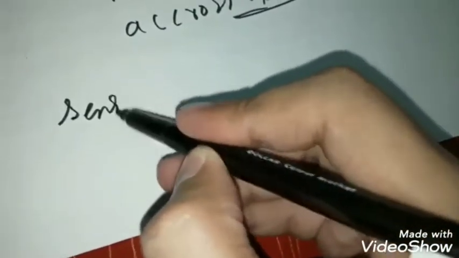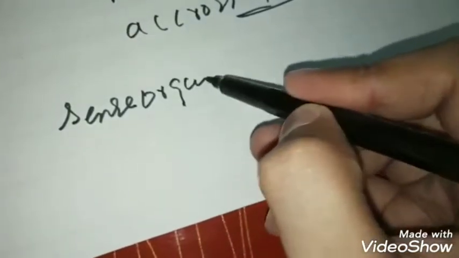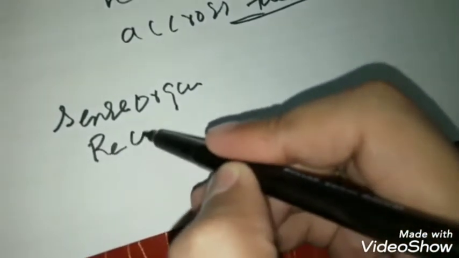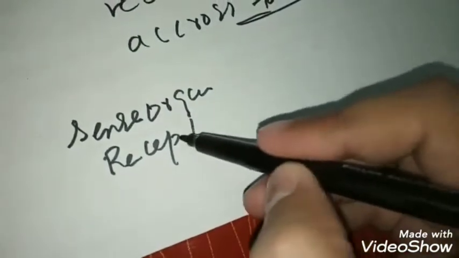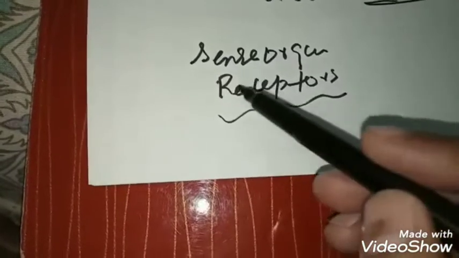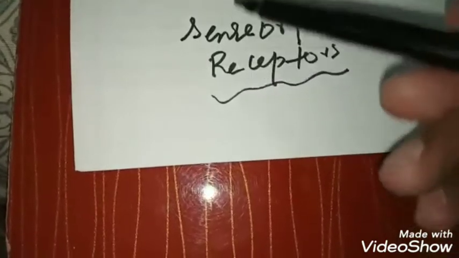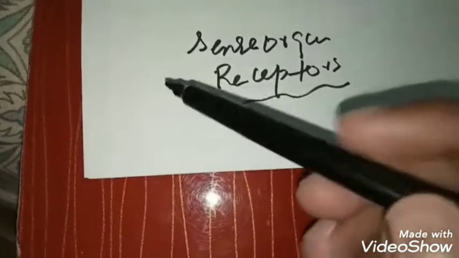How it works, let us know. Let us discuss sense organs or receptors. Sense organs and receptors have neurons, and neurons can be stimulated by different means. They can be stimulated by chemicals, or by mechanical or tactile agencies.